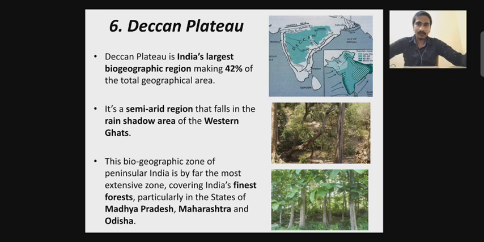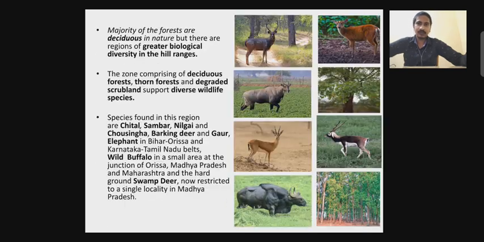Here you can see a varied type of forest. Look at the second forest picture, mainly consisting of teak plants. The majority of the forests are deciduous in nature, that means they shed their leaves in a particular season, right?